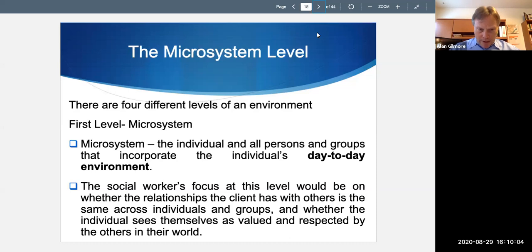Why is this important? Well, it's important for the social worker to focus at this level because they're trying to determine whether the relationships that that client has with others is the same across individuals and groups, and whether the individual sees themselves as valued and respected by the others in the world.